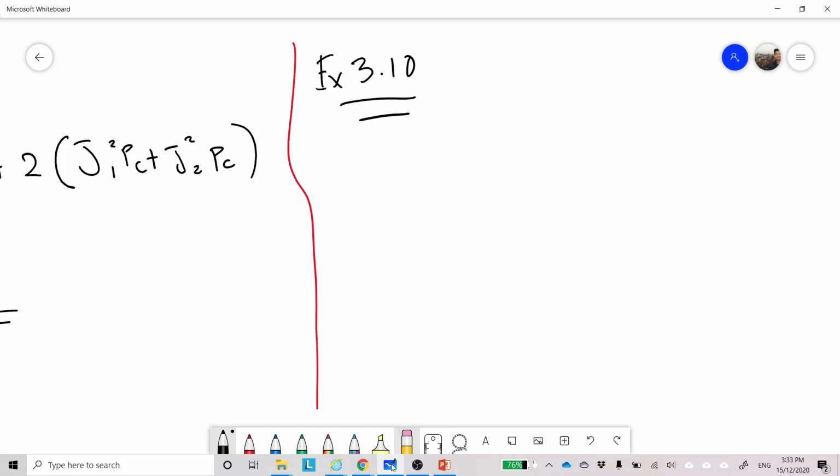So untuk example seterusnya, okay, they are given the FM signal, in this case is PC, carrier power, is equal to 5 watt. And then fluctuating at the rate of 10,000 times.